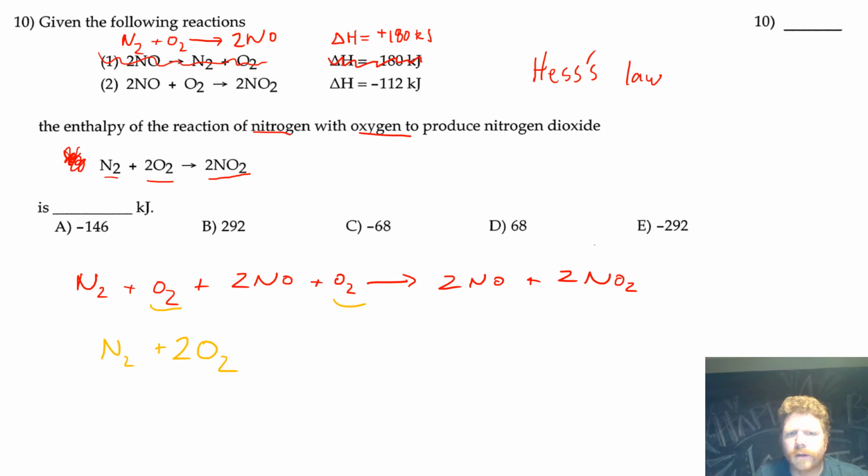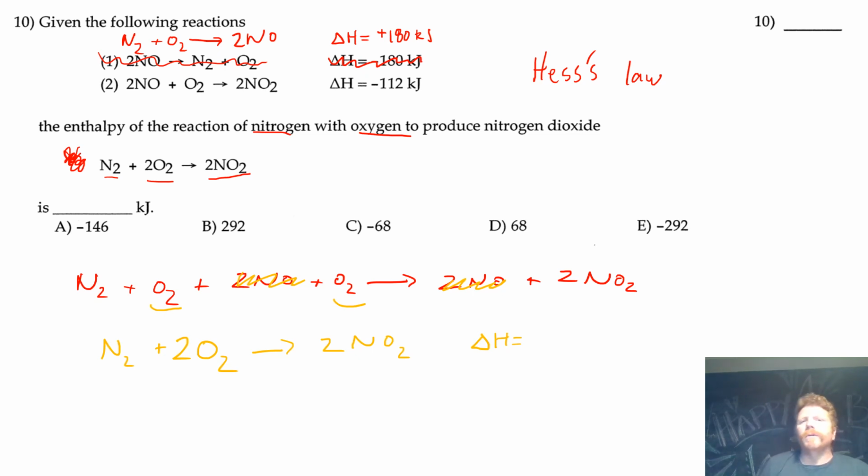2NO is both a reactant and a product, so they cancel one another out. Now we're left with N2 plus 2O2 yields our other product, 2NO2. Great, we've figured out how we need to manipulate this. Now we need our delta H. Did we need to multiply anything by a factor of 2? No, we didn't have to worry about that.